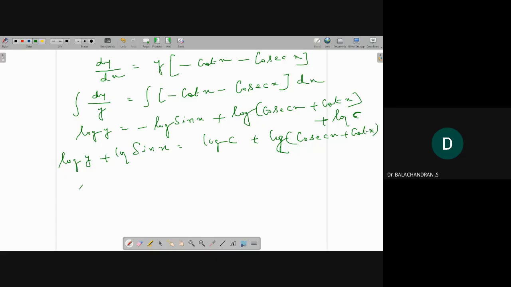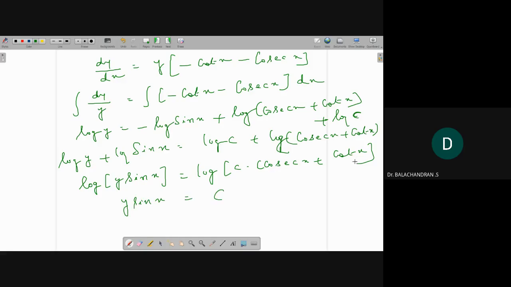So log of y into sin x equal to log c into cosecant x plus cot x.